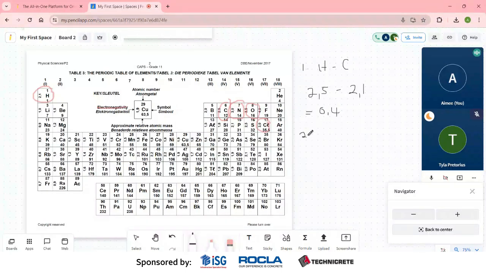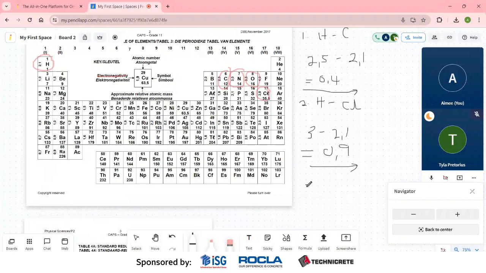Okay, now we do for hydrogen and chlorine. So again, chlorine is 3. So it's going to be 3 minus 2.1, which is going to give me 0.9. Okay, we do number 3, which is hydrogen and oxygen. That's going to be 3.5 minus 2.1.